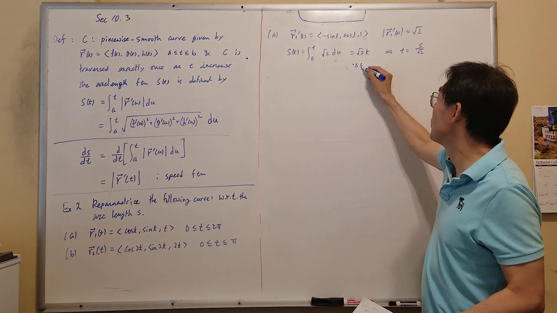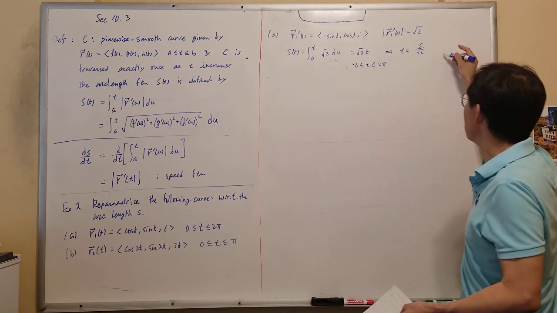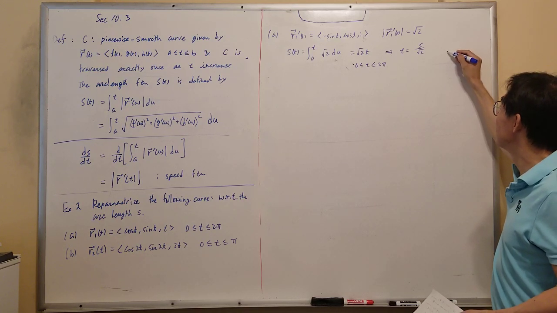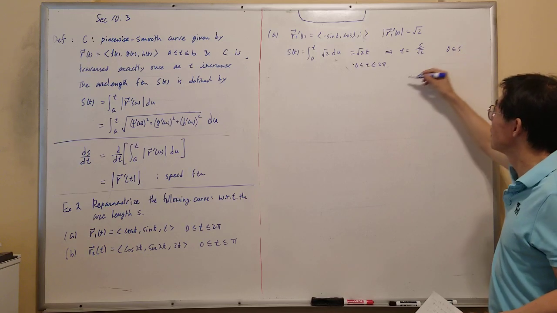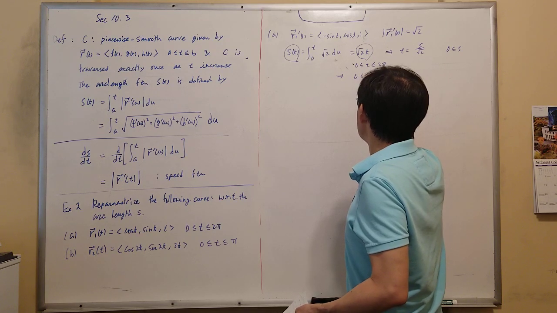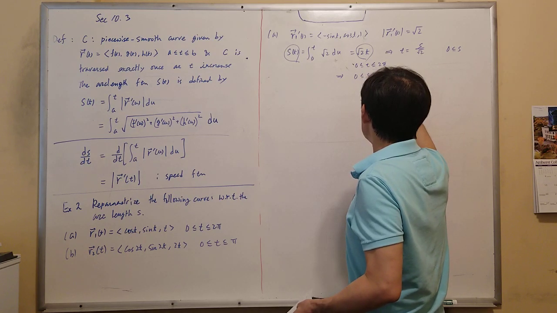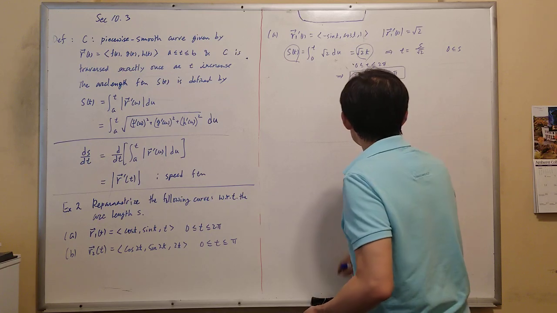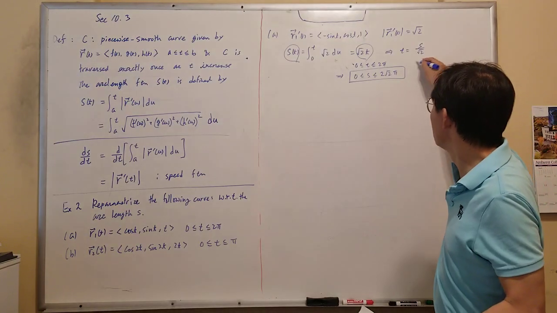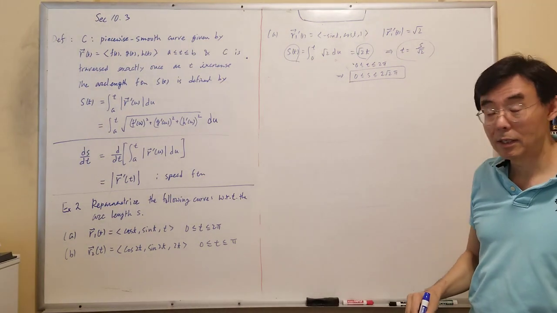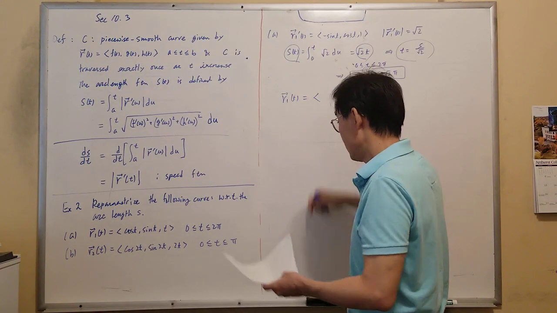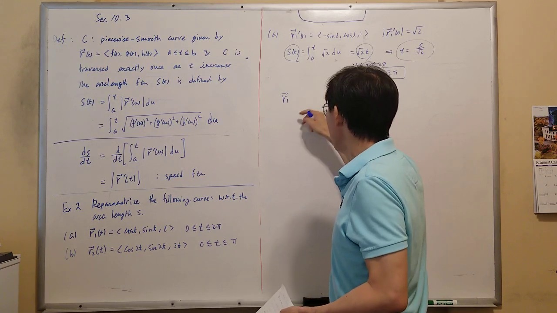Now because t is between 0 and 2 pi, that means s is between 0 and 2 square root of 2 pi, alright? So how do we reparameterize? Well, use this, solve for t, so that your R1 of t becomes a function of s.